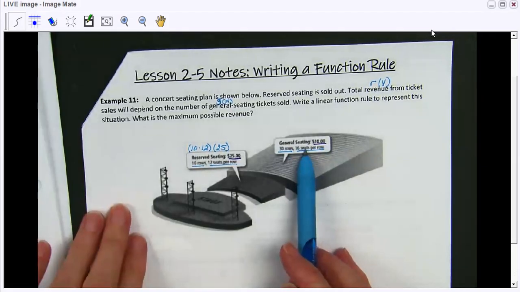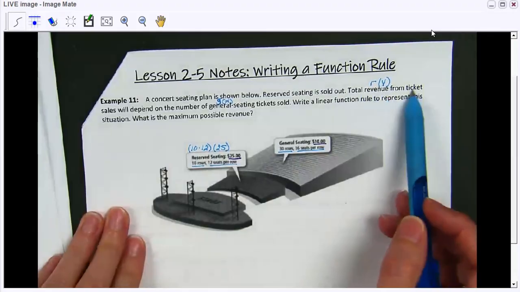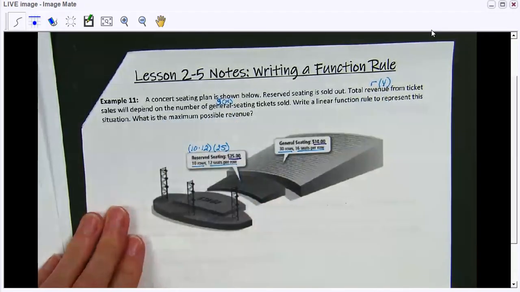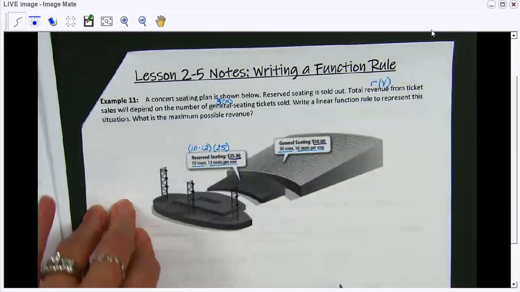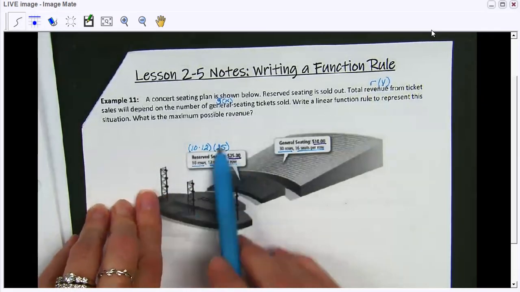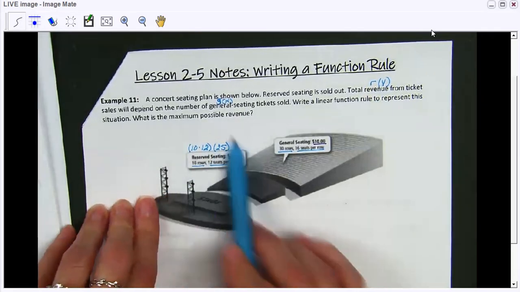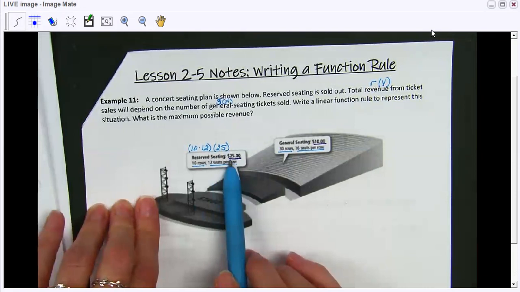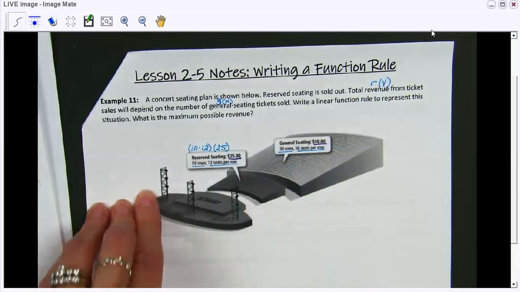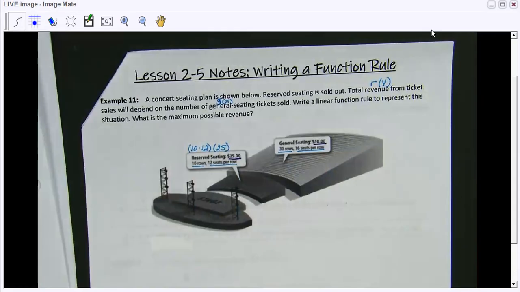but look at the question. It says the revenue from ticket sales will depend on the number of general seating tickets sold. It tells us that reserved seating is sold out. So we can figure out how much we earn from reserved seating, but it doesn't tell us that general seating is sold out. In fact, it tells us it depends on how many seats they actually sell in general seating. So maybe they won't sell out.